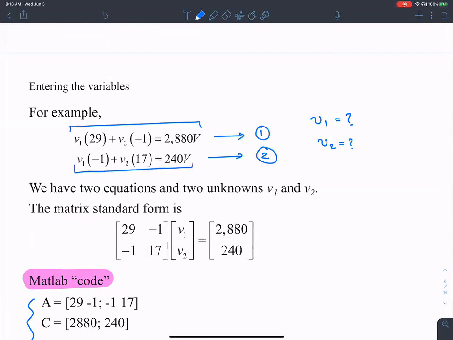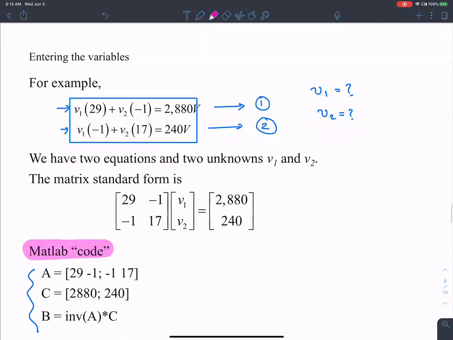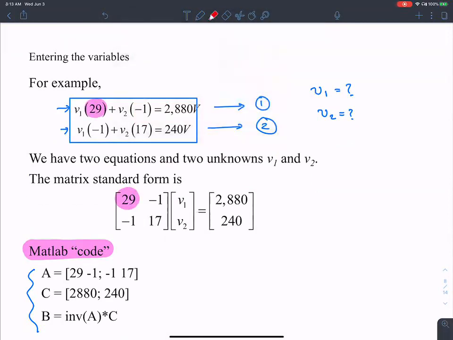Okay, so what you have to do is express equation 1 and equation 2, combined, as a matrix. If you think about it, this number 29 in the matrix corresponds to the coefficient of 29 over here. This -1 corresponds to a negative V2 coefficient over there.